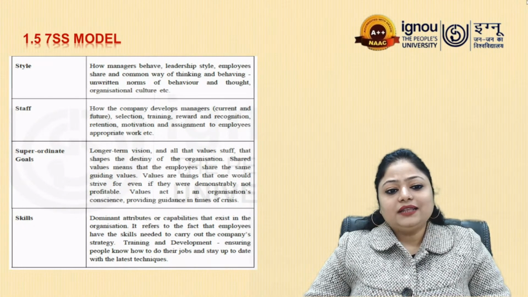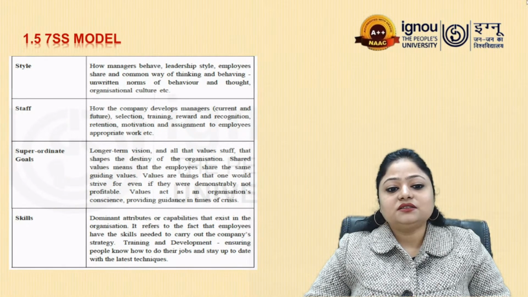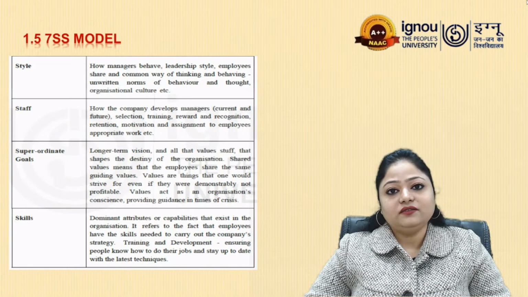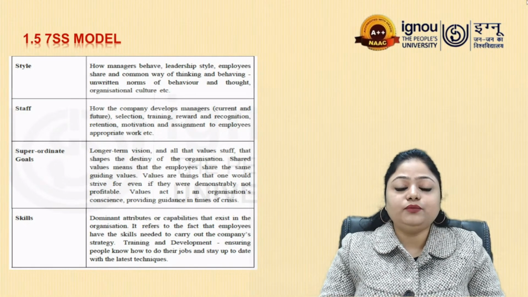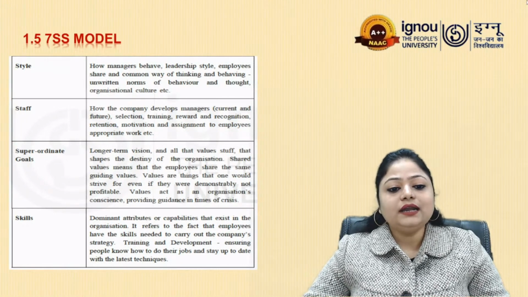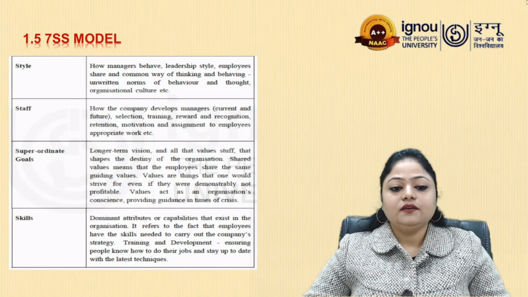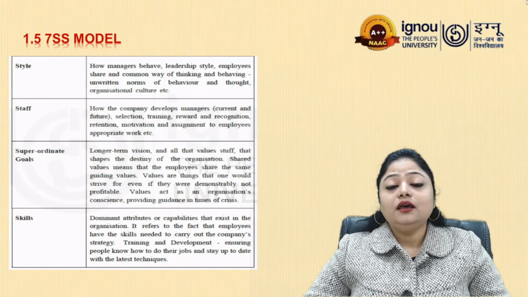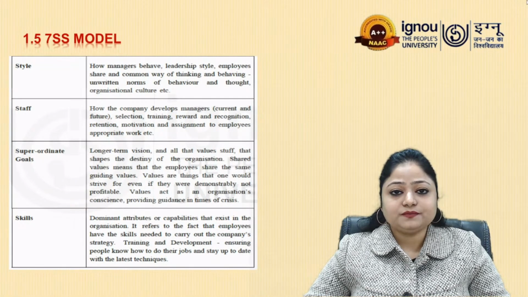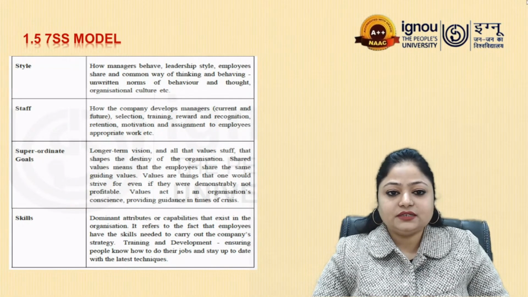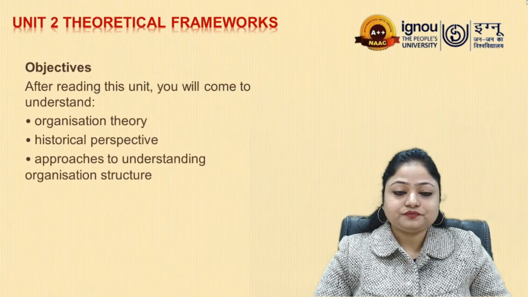They refer to the fact that employees have the skills needed to carry out the company's strategies, and training and development are the activities through which we ensure that employees have the desired skills to perform the job and stay up to date with the latest techniques and competency gaps. So skill is one of the major S's of the 7S model, and that's all.